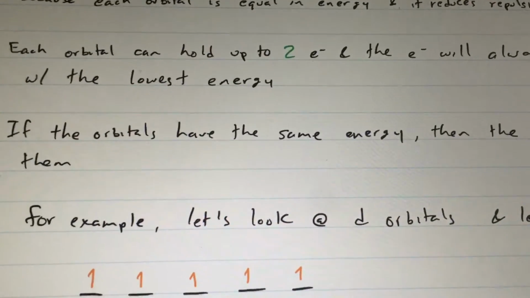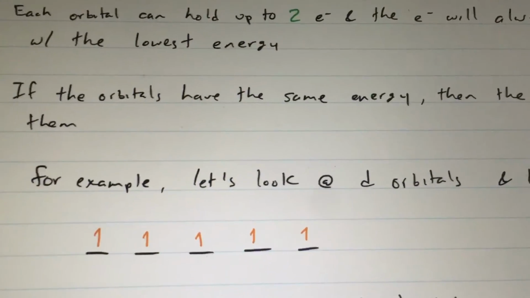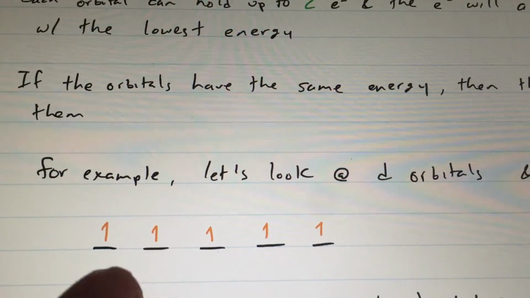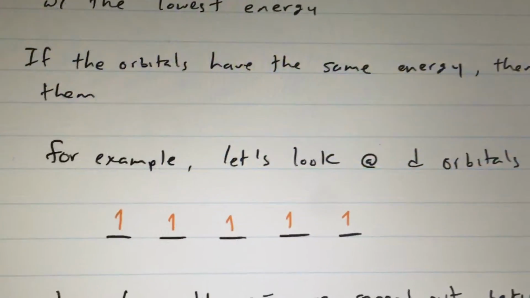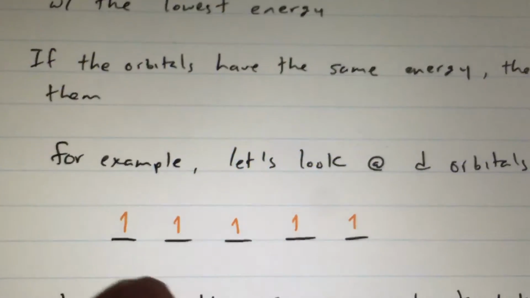Now again, each orbital holds 2 electrons, but in this example here, it's the d orbitals, the 5 d orbitals that we have, and let's say we have 5 electrons. Again, those 5 electrons are spread out because it minimizes the repulsion between them.